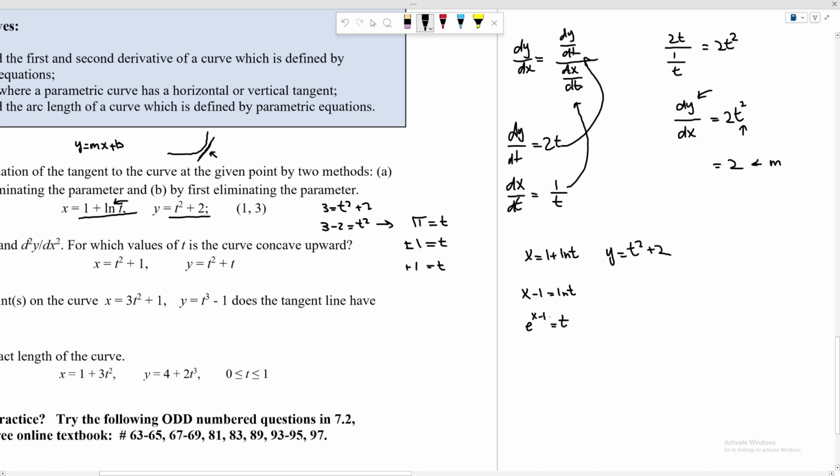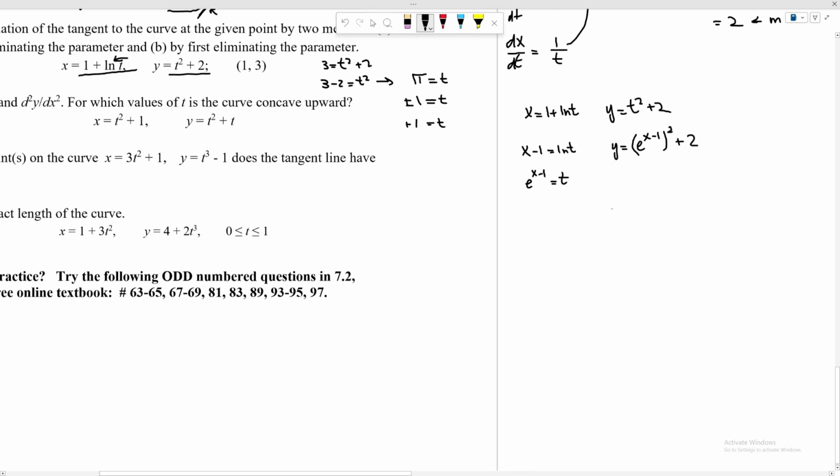Now I can take this and sub it in here. So I have y equals (e to the x minus 1) squared plus 2, right? So now I can take this and derive it.